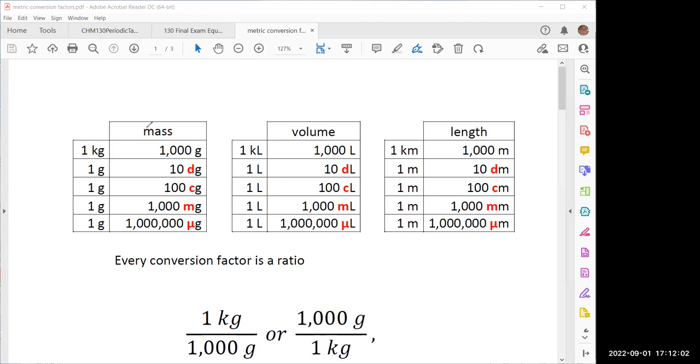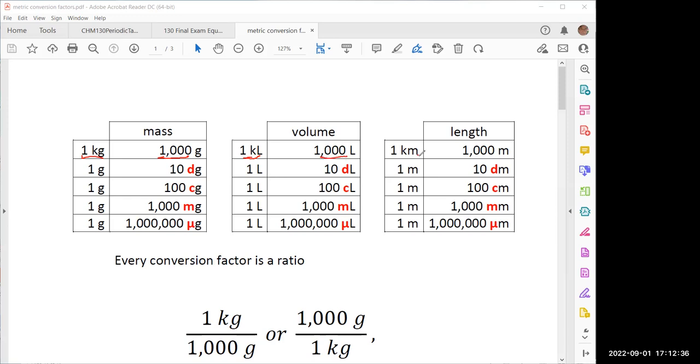Now, if we look at the three entities, mass, volume, and length, the nice thing about the metric system is that the prefixes carry over regardless of mass, volume, or length. Totally different with the English units, which are a little more challenging. Well, anyway, we have that 1 kilogram consists of 1,000 grams. 1 kiloliter, with the K in front, consists of 1,000 liters.